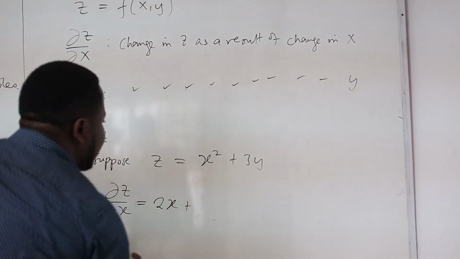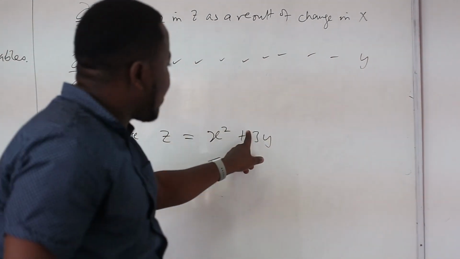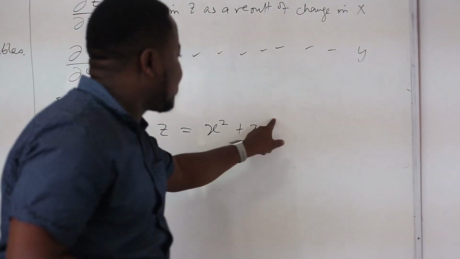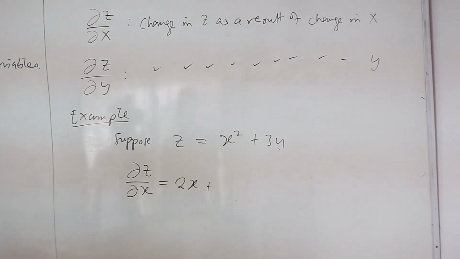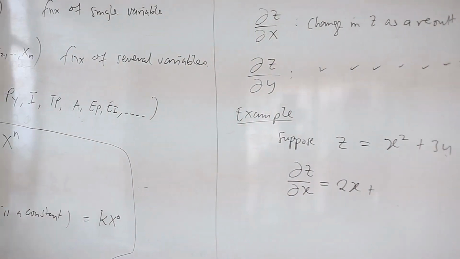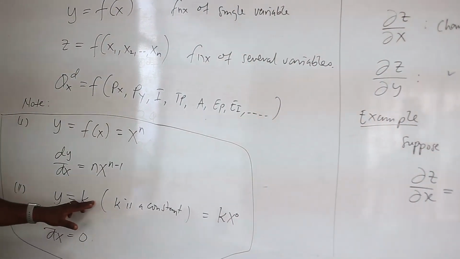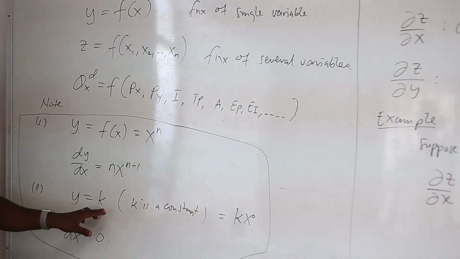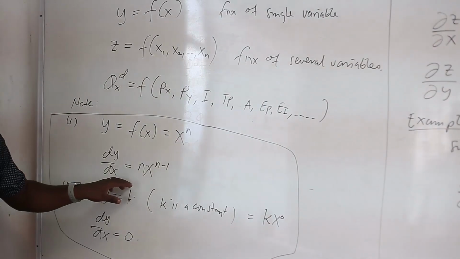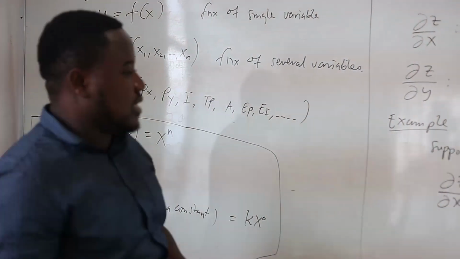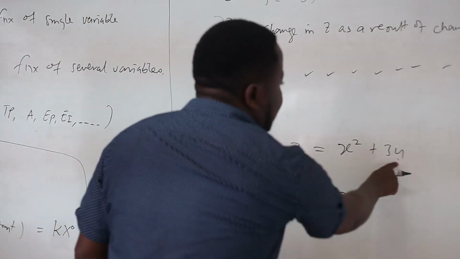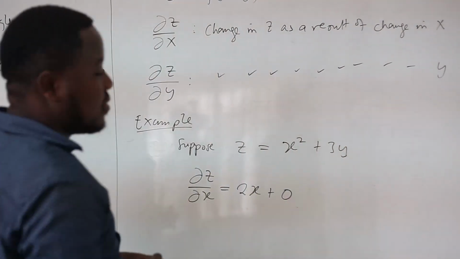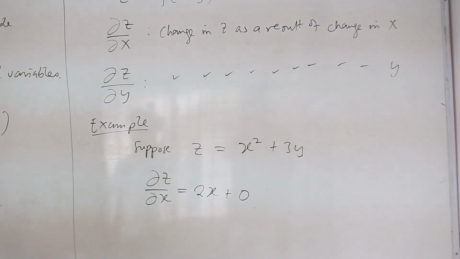Then plus, since there's no x in 3y, it means this doesn't depend on x. So this is a constant, like y is equal to k. If you differentiate any constant, you get 0. So plus 0, because there's no x here.